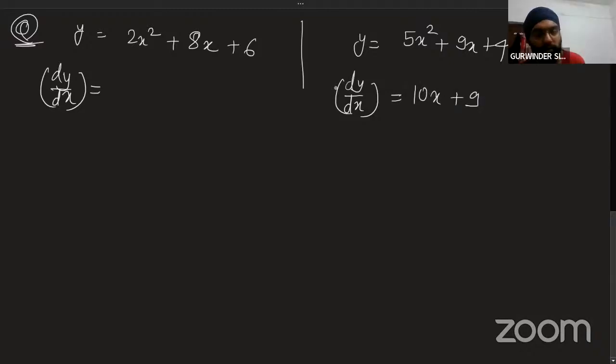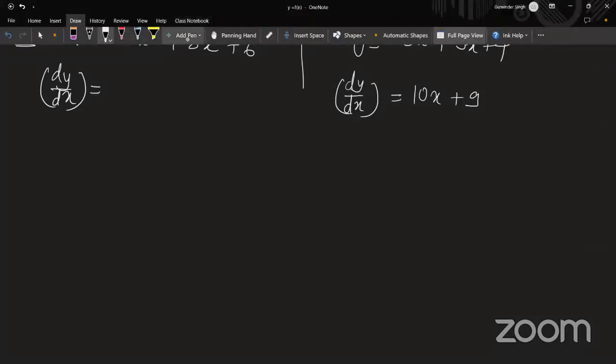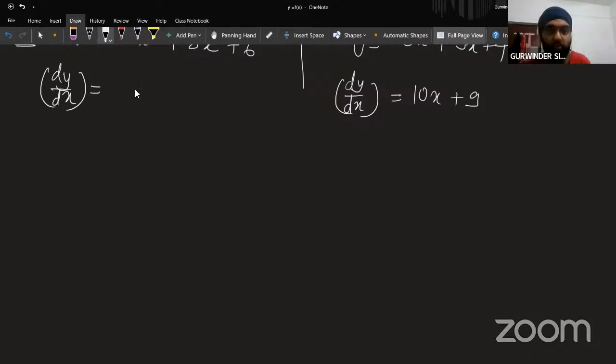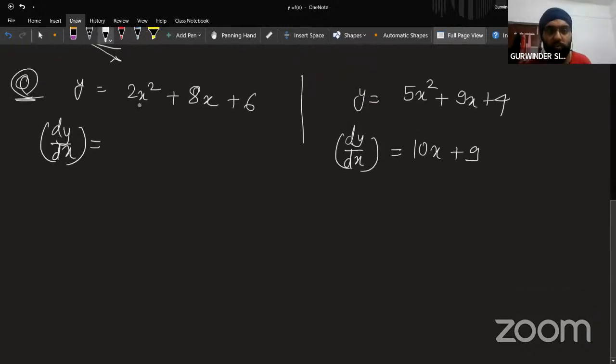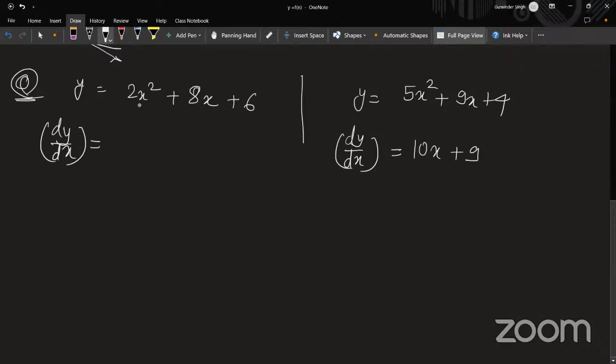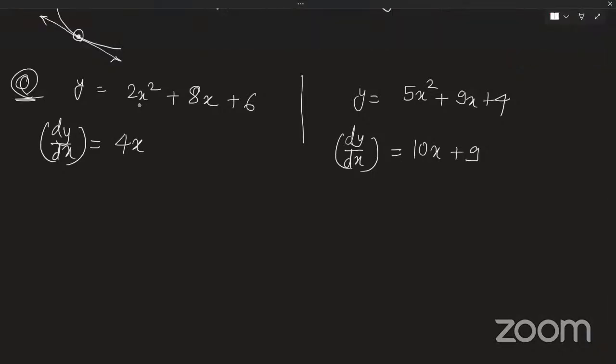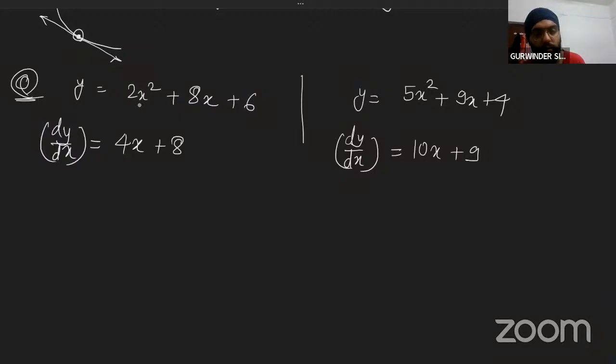And for this, 2x square plus 8x plus 6, what will it be? It will be 4x plus 8, right? Yes, sir.